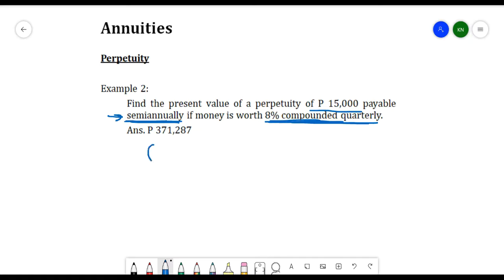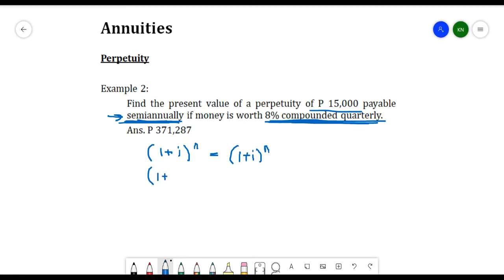So we have 1 plus I raised to t, or the number of years. So let's just replace that by n. It is said here that compounded quarterly is equivalent to compounded semi-annually. So we have 1 plus I raised to n. From here, we have compounded quarterly, so we need to divide our interest by 4.